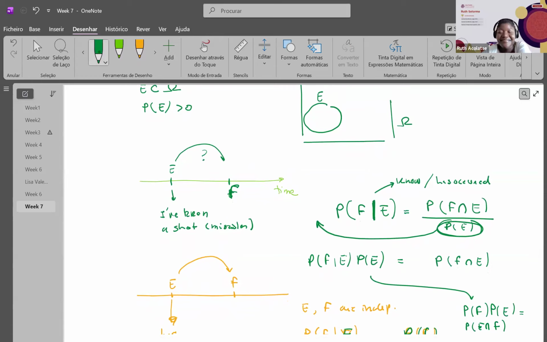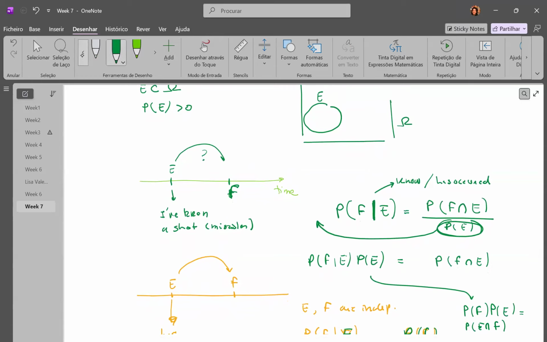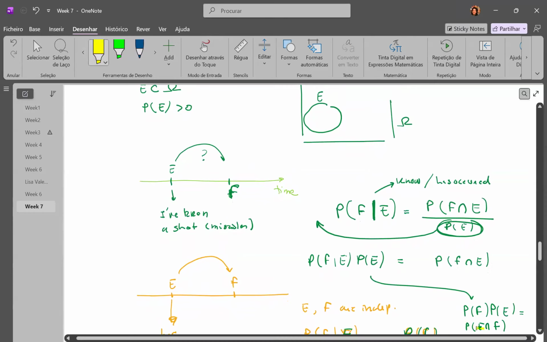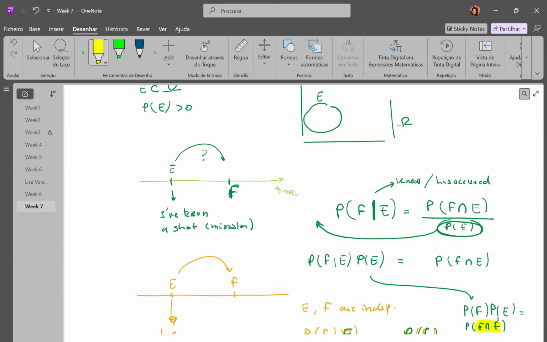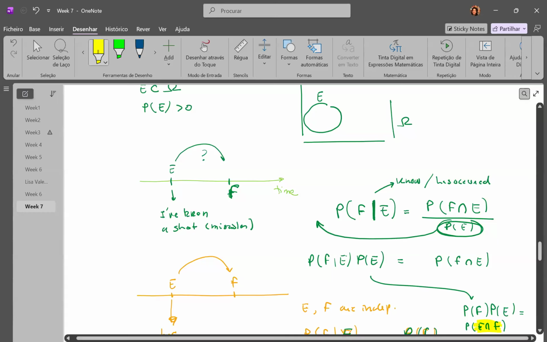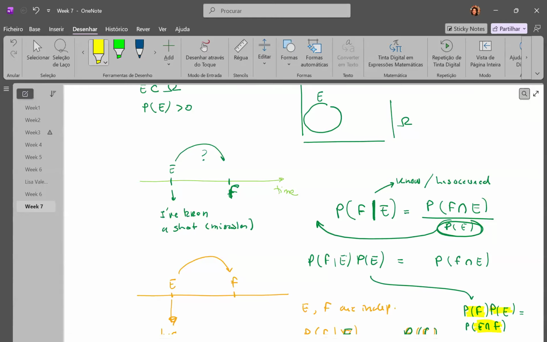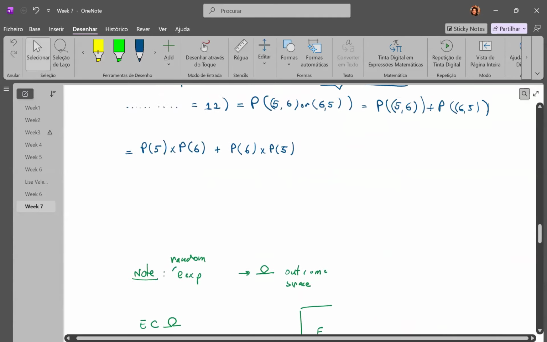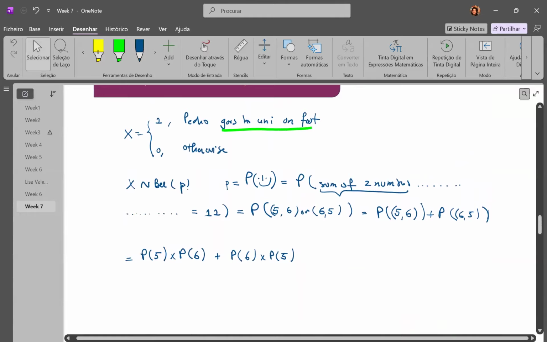Yeah. So if you want to get a 5 from die 1, we're thinking here, Ruth, I want to get 5 from the first die and 6 from the second. They are entirely independent. So it's the probability of getting a 5 times the probability of getting a 6. And the same thing occurs with the second pair, right? Because the second pair is 6, 5. So it's the same thing.